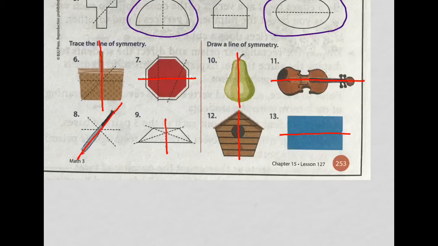Okay, check your answers. All right, so if you look at the figures where I drew the red lines, you can see if you were to fold it over, it would be exact. Now, where it can get a little tricky is number 11, the violin. What if you cut it here?